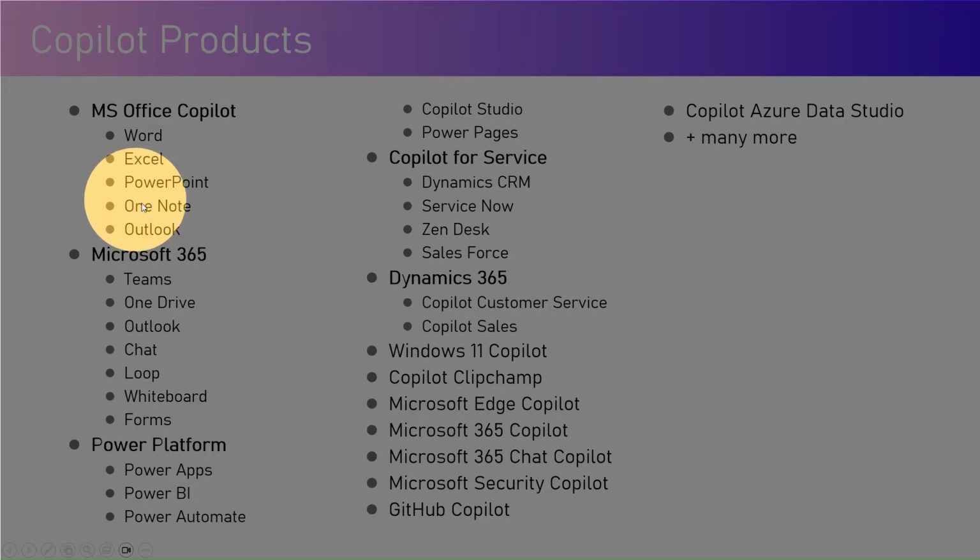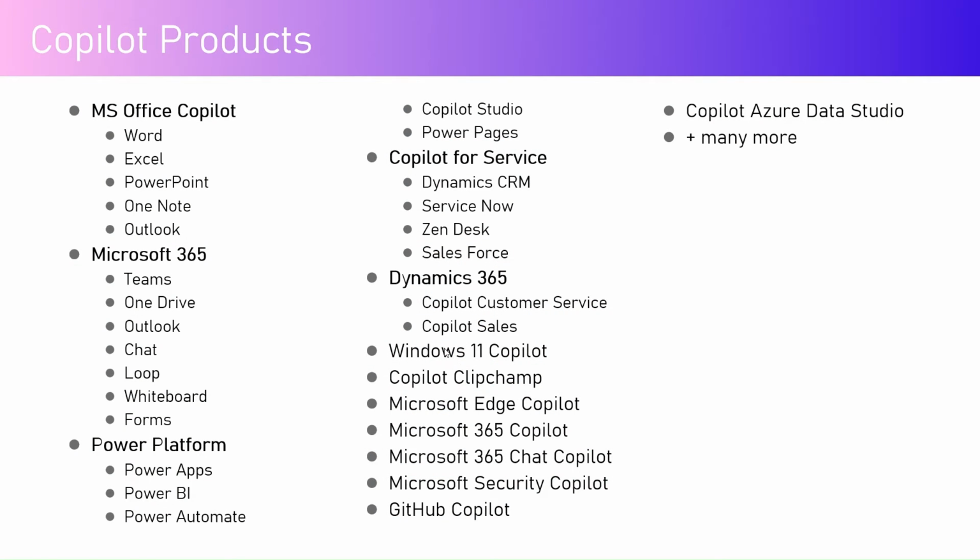I have categorized the products based on MS Office: Word, Excel, PowerPoint, OneNote, Outlook, Microsoft 365, Teams, OneDrive, Outlook, Chat, Loop, Whiteboard, Forms. In Power Platform: Power Apps, Power BI, Power Automate, Copilot Studio, Power Pages. Copilot for Service: Dynamics CRM, ServiceNow, Zendesk, Salesforce, Dynamics 365 customer service, sales, and it's coming in insights as well, and maybe it might come in Business Central applications as well.